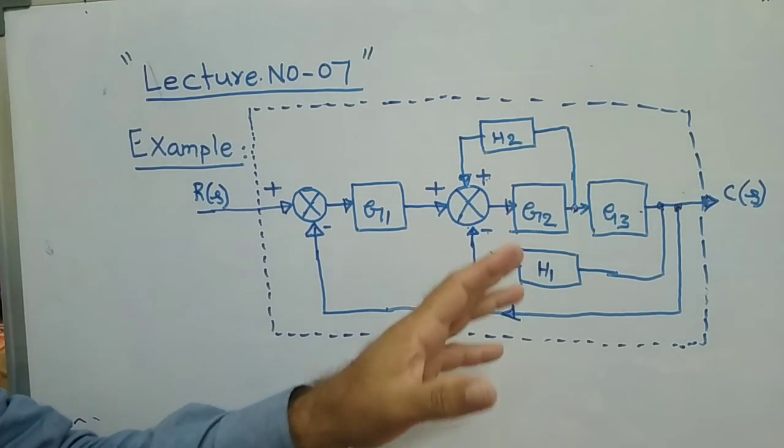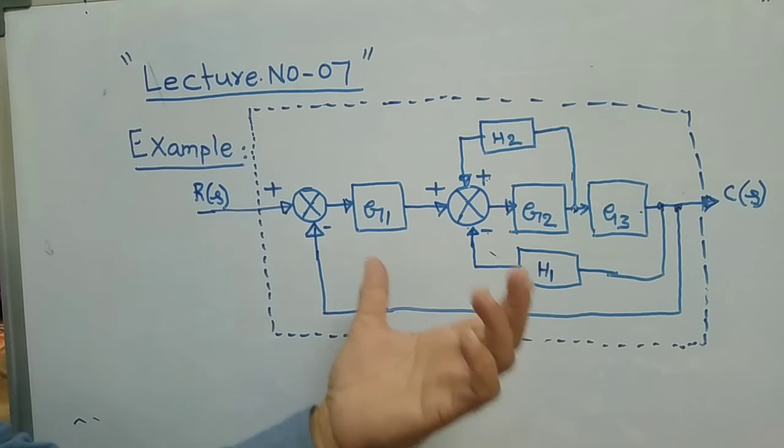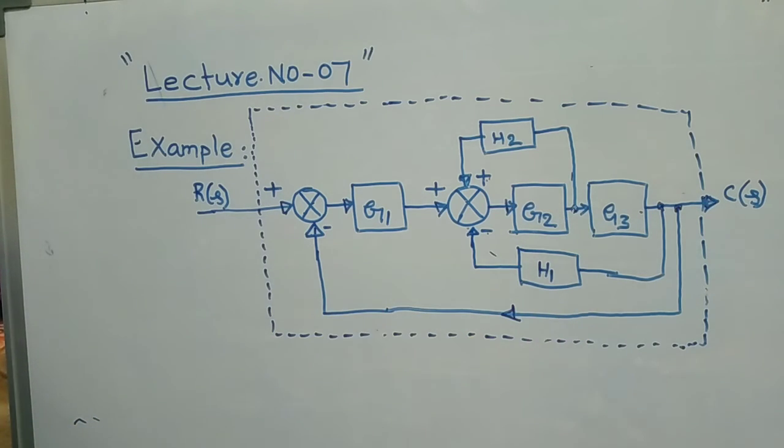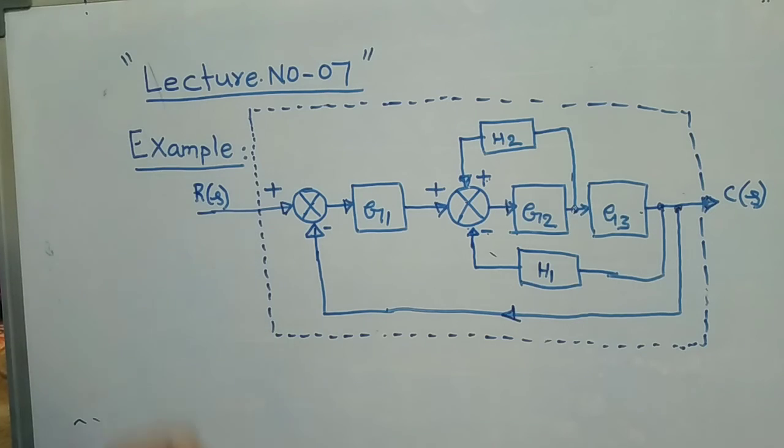There are four combinations, no? And then elimination of positive feedback loop we have seen, and similarly elimination of negative feedback loop we have seen. Clear?